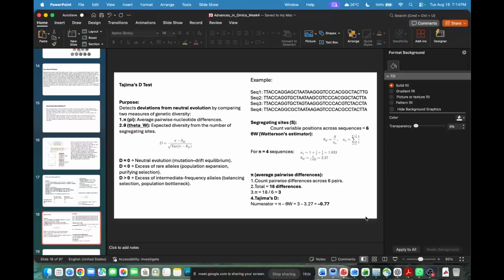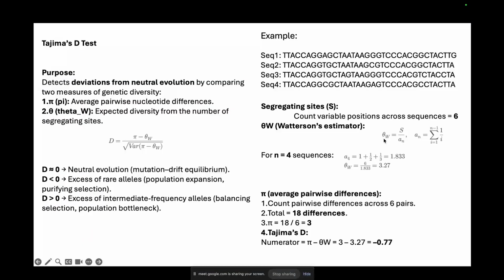Then we talk about one of the most widely used test statistics for quantifying these kinds of issues: Tajima's D test. It detects deviations from neutral evolution by comparing two genetic diversity measures.